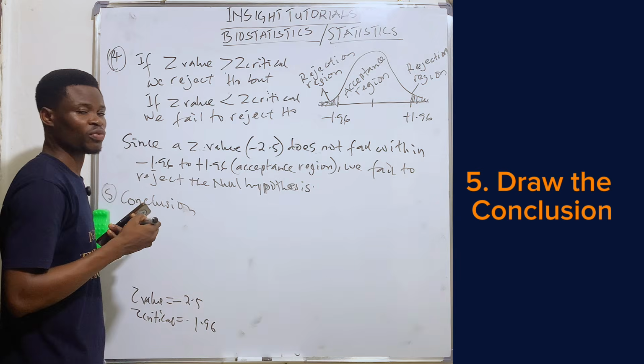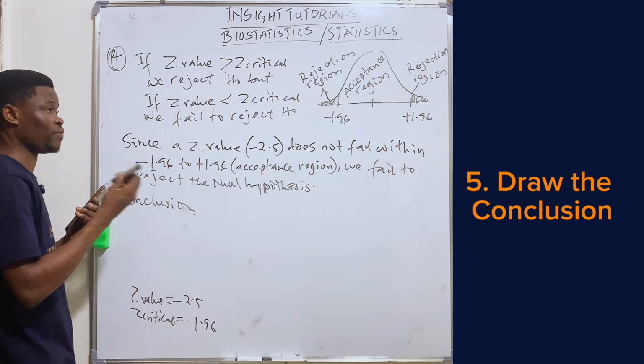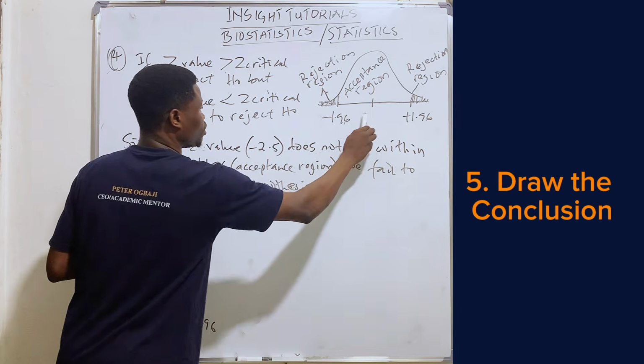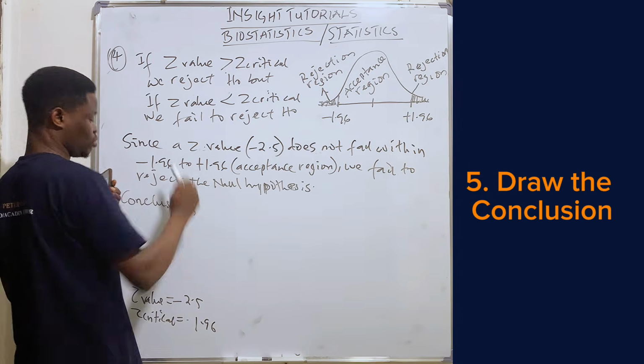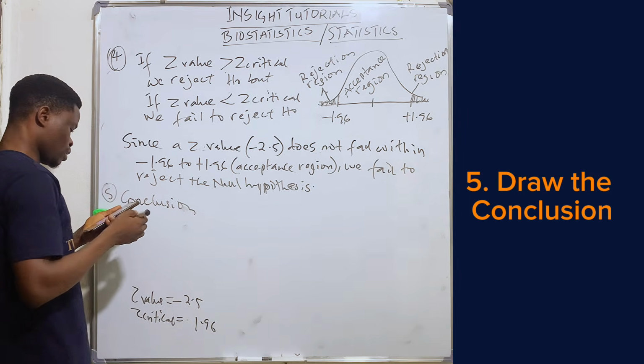What this means is that there's sufficient evidence to reject the null hypothesis statement. That's what this means. We reject it because this value is not found here. This minus 2.5 is not found within this range. Okay, so conclusion.